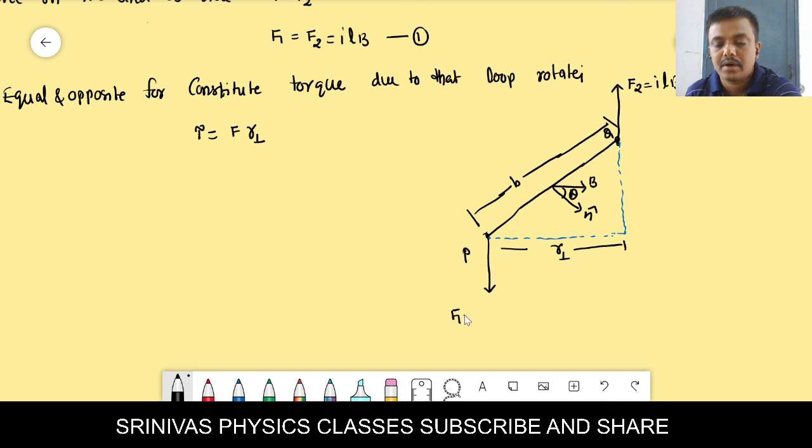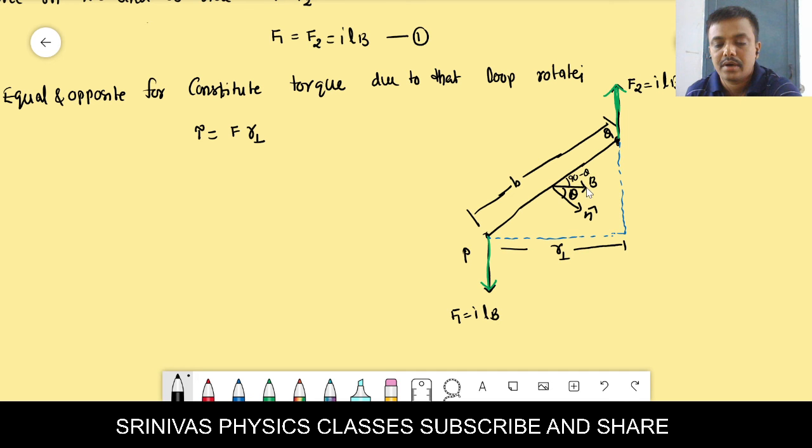This is F1. F1 is equal to ILB. Here we can write like this. This is the force F1 and this is the force F2. I want the perpendicular distance between the two forces. This is R perpendicular. From the figure, this angle is theta, meaning this n cap makes 90 degrees with B. This total angle is 90. Remember, this angle is theta and this angle will be 90 minus theta from the figure.